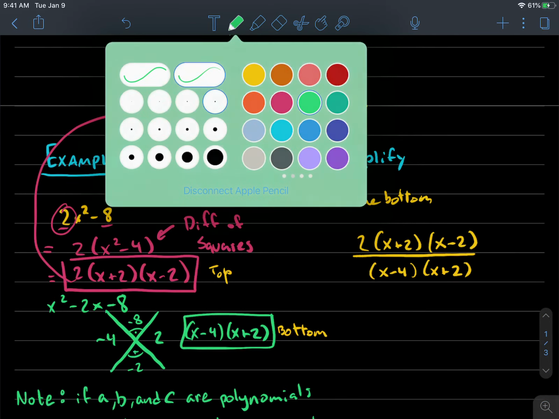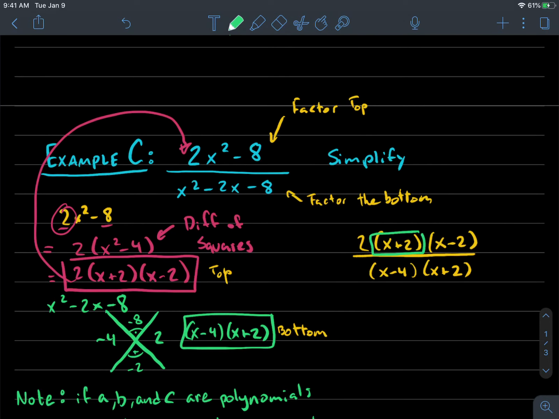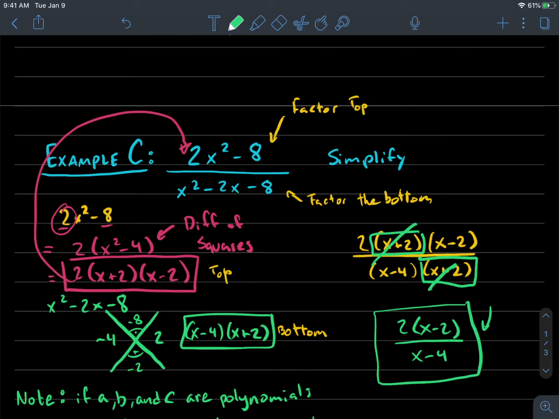Notice how this is x plus 2 and this is x plus 2. Since we're multiplying, we can just cancel these out because that's 1. And so we're just going to leave the rest. So the answer is going to be 2 times (x minus 2) over x minus 4. This is our answer.